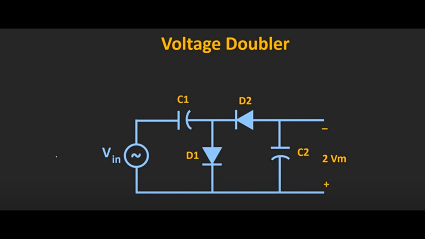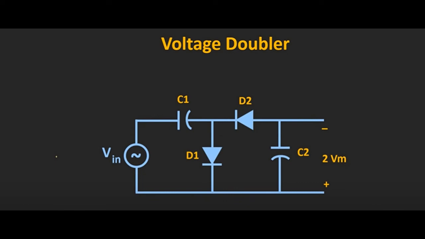Now you can see on your screen the circuit that is named as a voltage doubler. This is V input voltage and C1, D1, D2 and C2. So basically this is a simplified version of the circuit that we have. The voltage across this V input will be doubled across C2, or 2Vm.